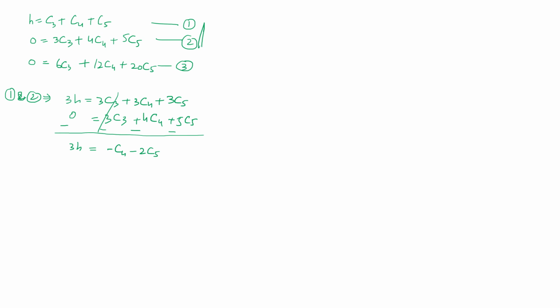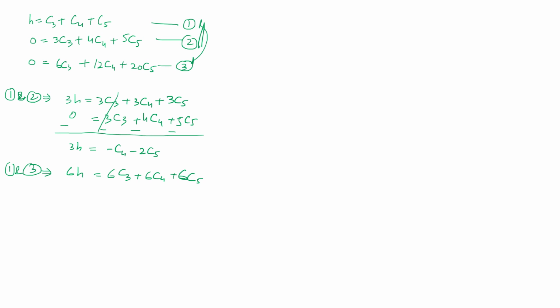Now similarly, you can take equation number 1 from here, and you can do a similar manipulation with equation 3. So this would mean that 1 and 3, when passed through the same process, this would be something like 6h to be equal to 6c3 plus 6c4 plus 6c5 for equation number 1, because we have multiplied it with 6 over there.